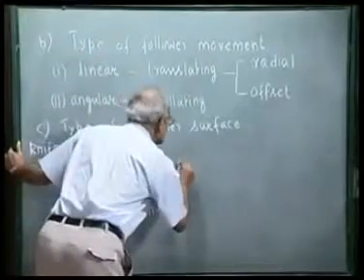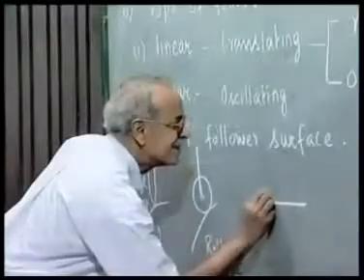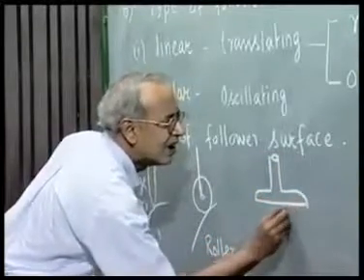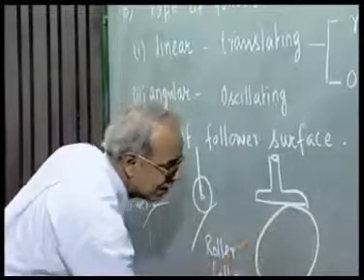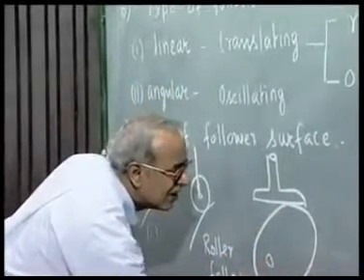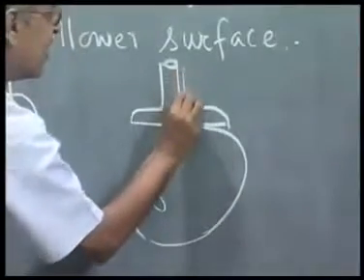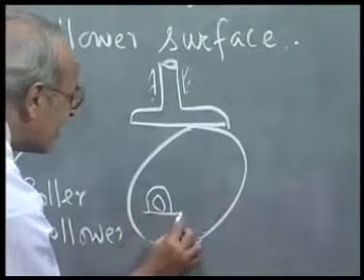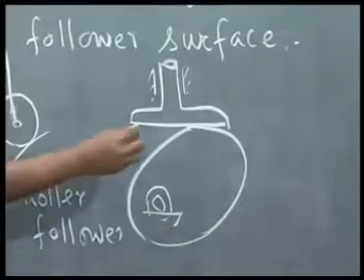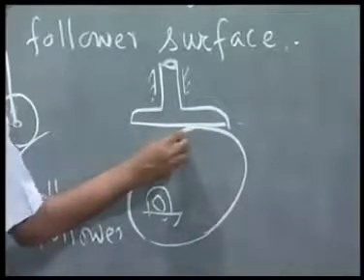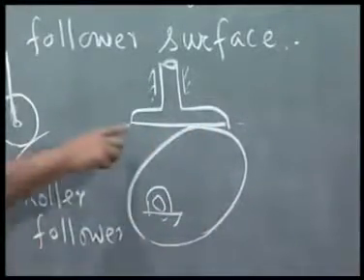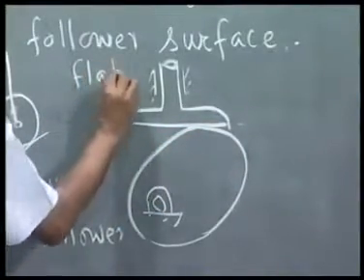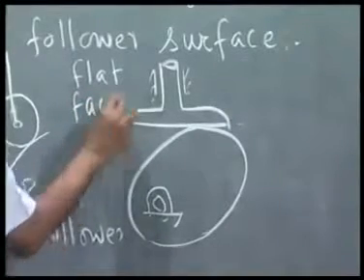The follower can also be in the form of a flat face. As we see, the follower surface which is in contact with the cam is in the form of a flat surface. This is called flat face follower.